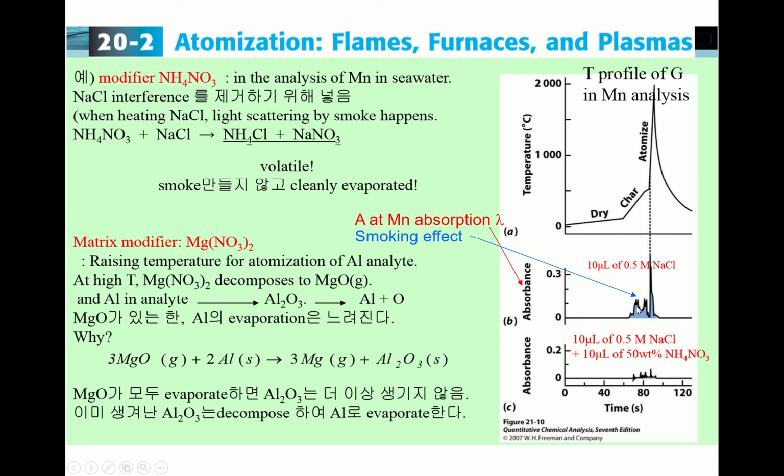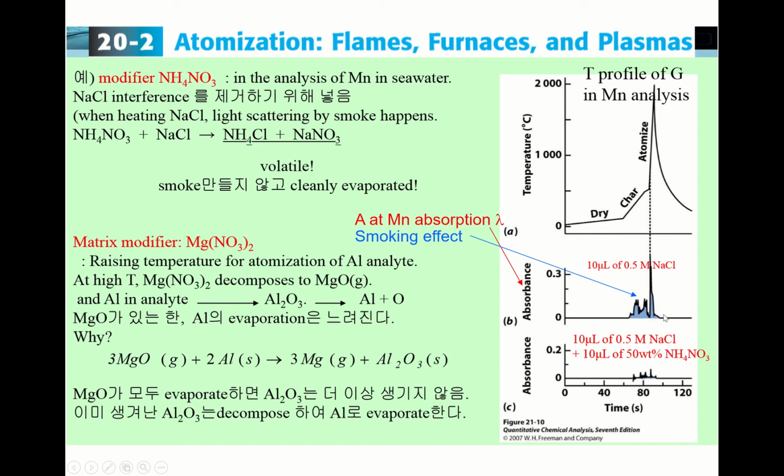But still, in this region where the temperature is below 500 degrees C, you see a lot of signal. That's called the smoking effect, which is definitely what you don't need. You have to remove this part. After atomization, you see your sample peak from manganese.